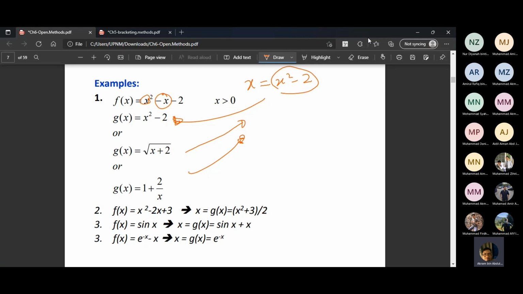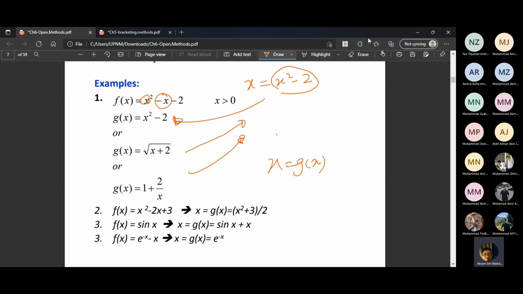And the last one, f(x) equal to exponent of x minus x, so x is equal to exponent of negative x. So this is an example of various ways you can rewrite each of the given functions in terms of x equal to g(x).